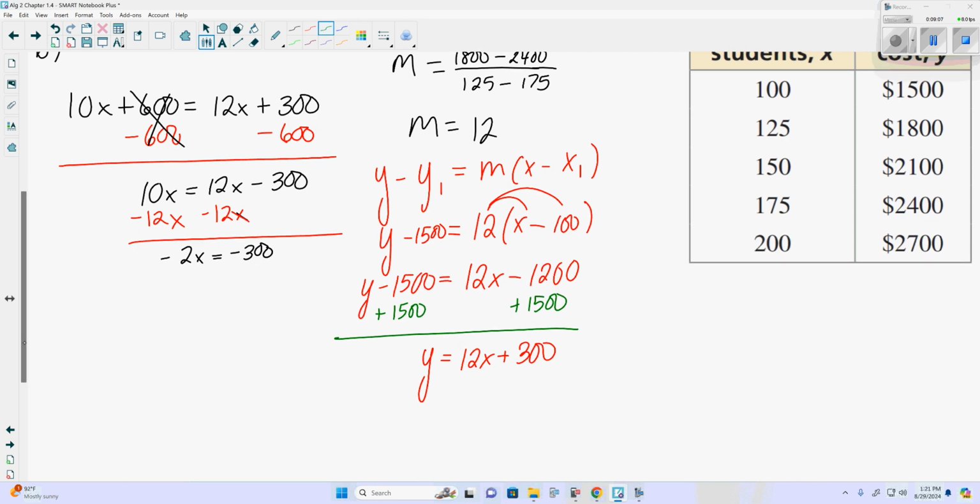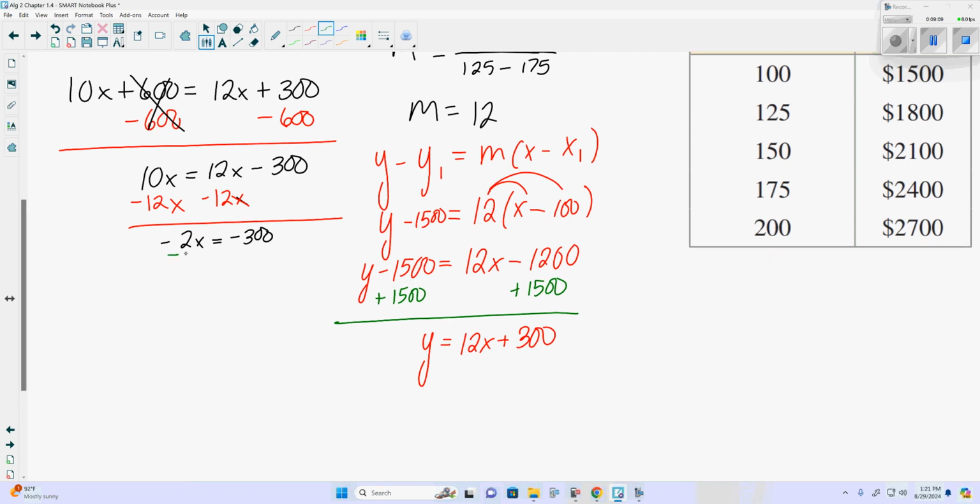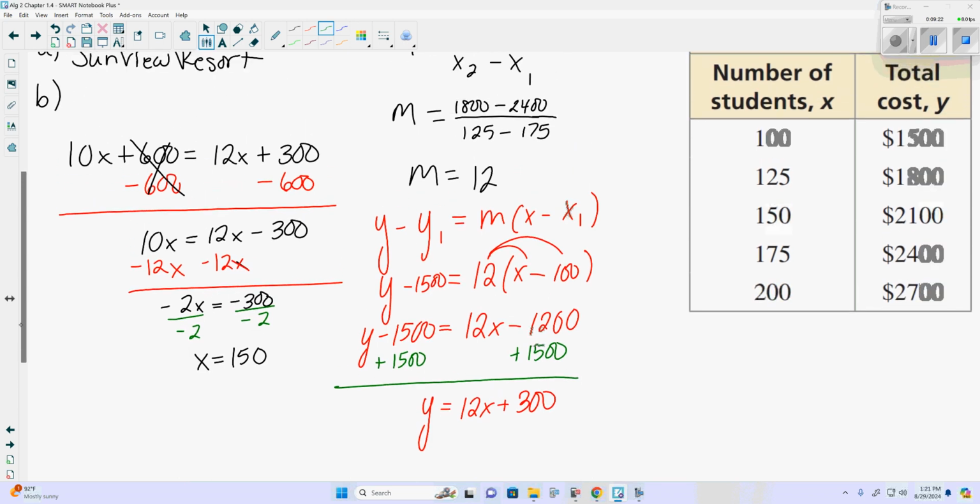And lastly, we would divide by what? Negative 2. And if we divide both sides by negative 2, we get 150.